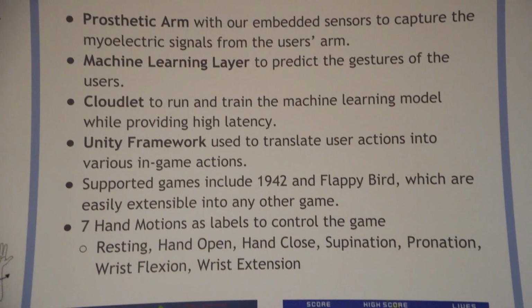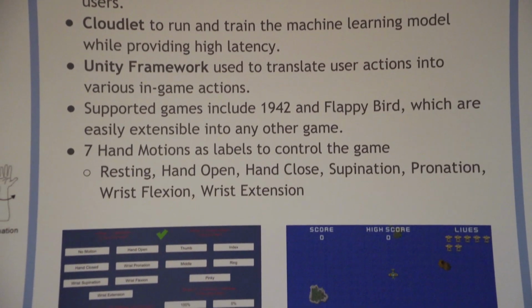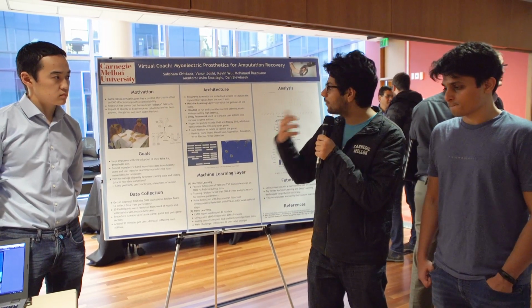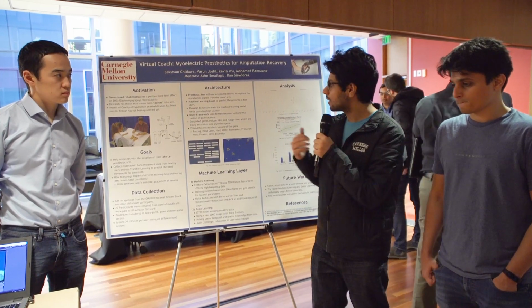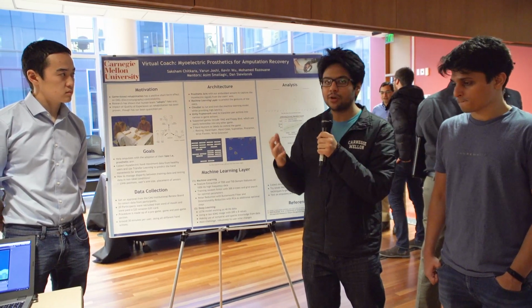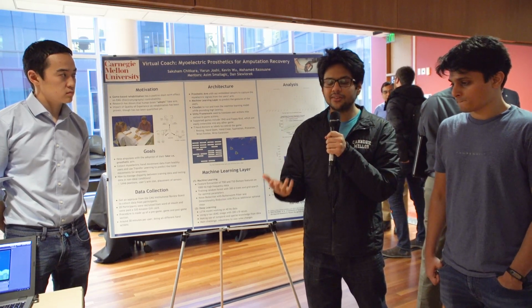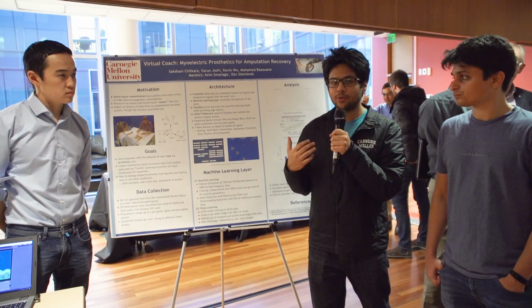We have a machine learning layer which will use the machine learning model which we trained from our participants, and use the inferences to predict what the amputees are trying to do. We have the cloudlet since the sensors are not compute intensive enough, and they don't have enough power resources to run our machine learning model.